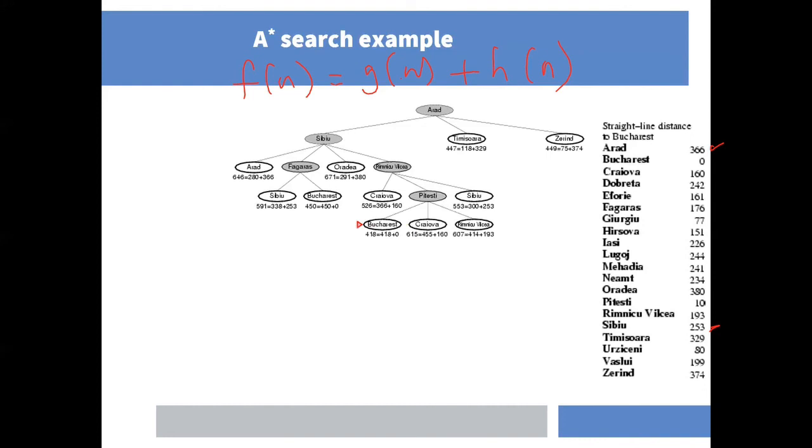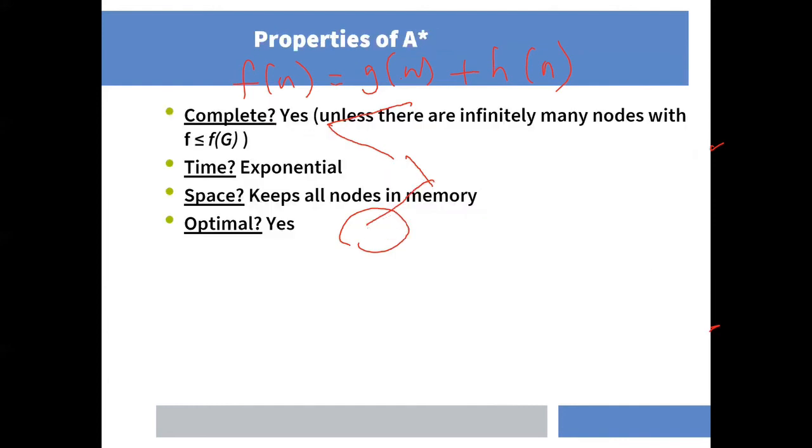And then there is Bucharest. So now we found this path, Arad, Sibiu, Rimnicu Vilcea, Pitesti, and then Bucharest, which is actually the path that has the lowest total cost of 418.